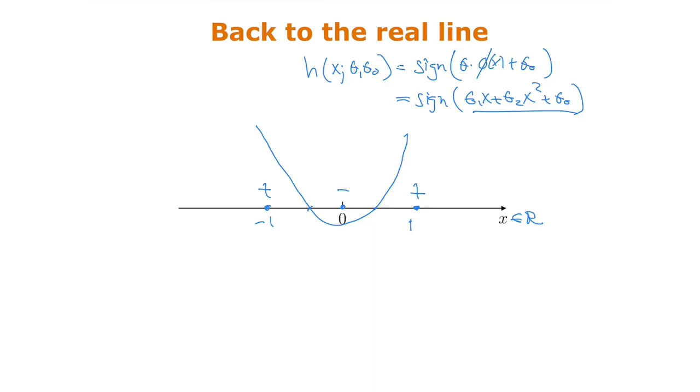And you can notice that this quadratic function, as we are thresholding it, takes positive values here, classifying this example correctly, takes negative values in this interval, classifying this correctly, and again takes positive values in this regime, classifying this example correctly. All right. So a linear classifier in the new feature coordinates implies a nonlinear classifier in the original x space.